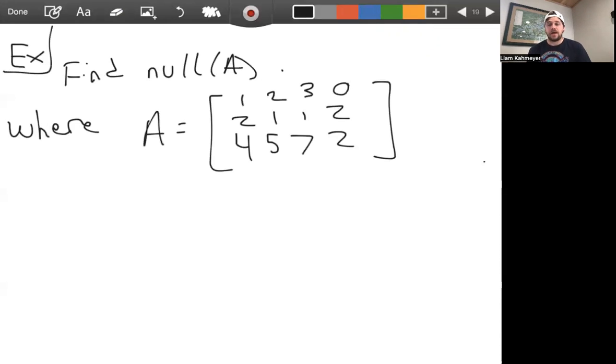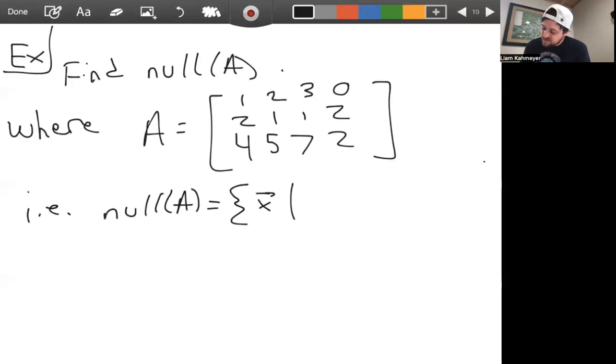Well, you set up a homogeneous system of linear equations, i.e., the null space of A is those vectors x such that Ax equals 0, right? This is exactly the kernel of a linear transformation, which is synonymous with the null space of the matrix representing said linear transformation.